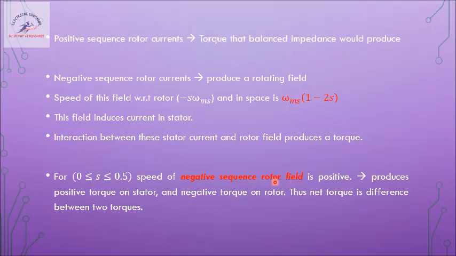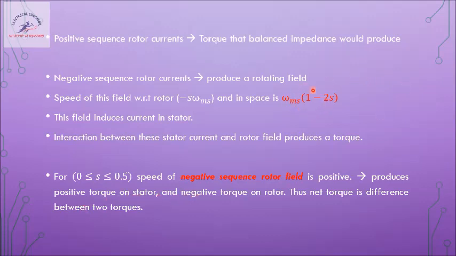Even though it is a negative sequence rotor field, if the slip value is between 0 and 0.5, this speed will be positive. If the speed is positive, that is the direction of rotation, it produces a torque on the stator.